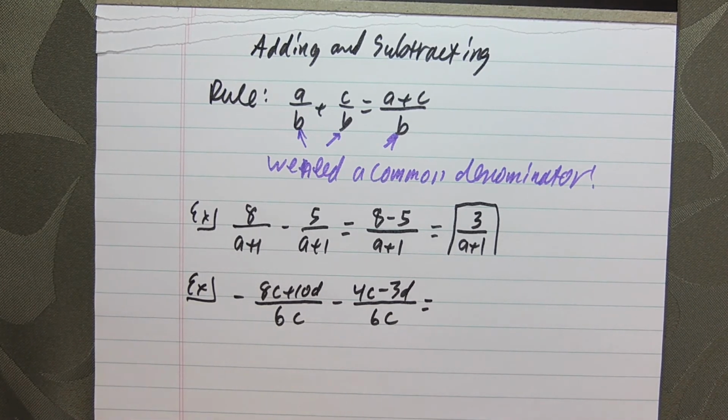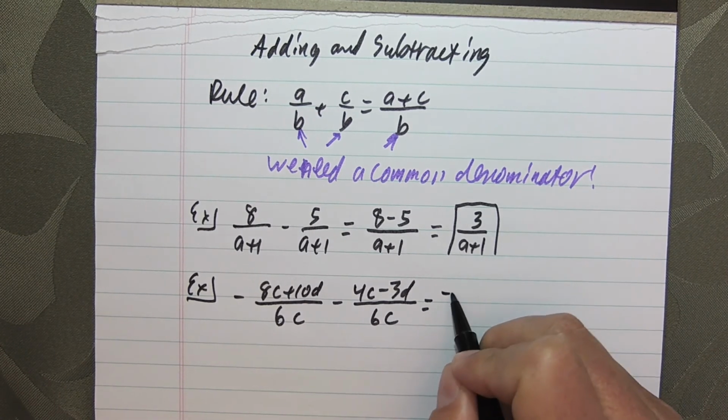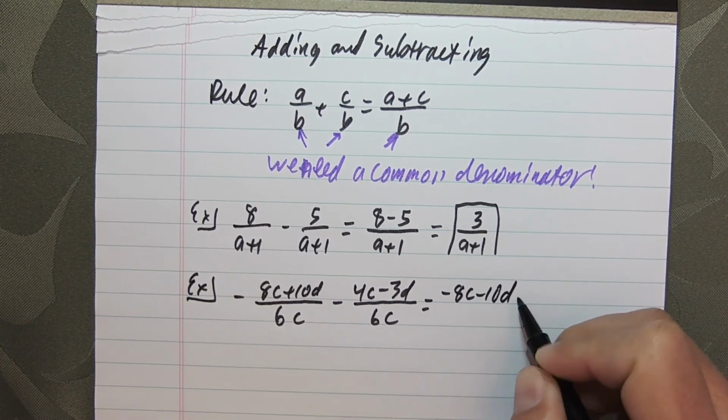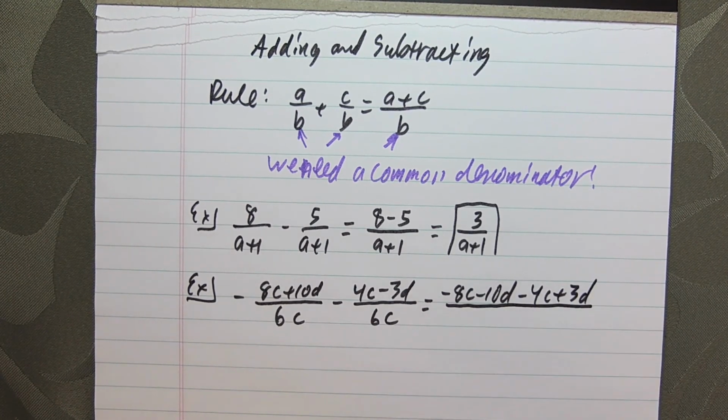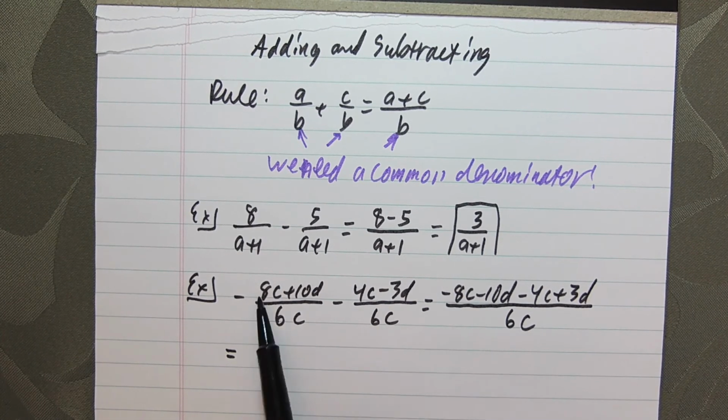Give me a second to finish copying that down. Now I want to caution you with these negatives here. This means I have to distribute to both. Please note both signs changed.